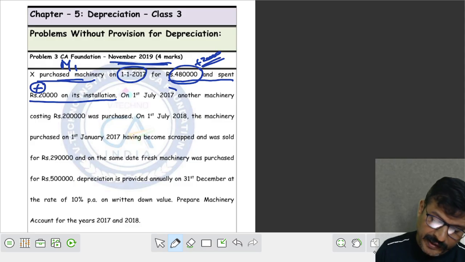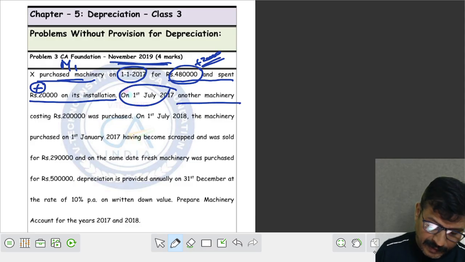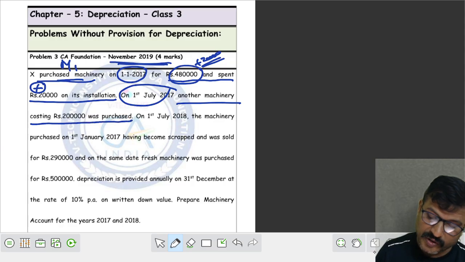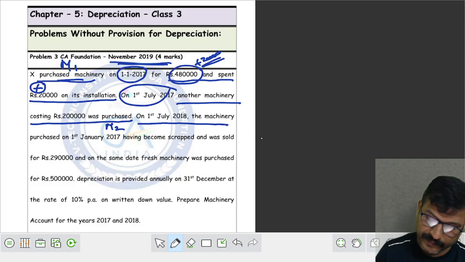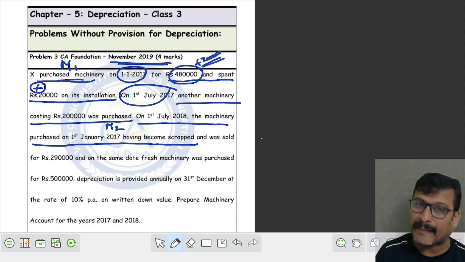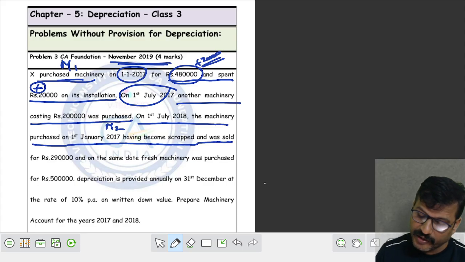On July 17, another machinery costing 2 lakh was purchased. This is nothing but M2. On July 18, the machinery purchased on January 17 became scrapped and was sold. My dear students, which machine is sold?